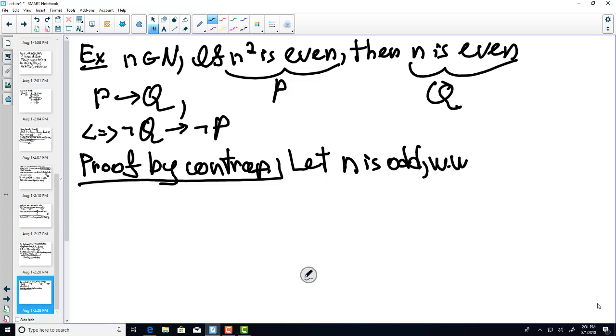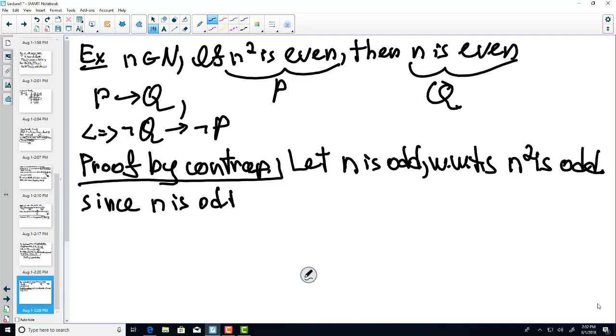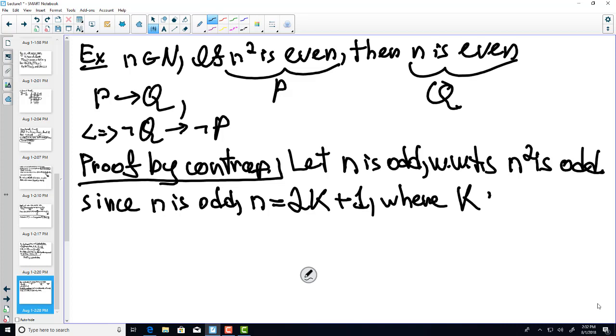And we want to show that P is false, in other words, that n squared is odd. Since n is odd, we can write that n is equal to 2 times k plus 1, where k is some integer.